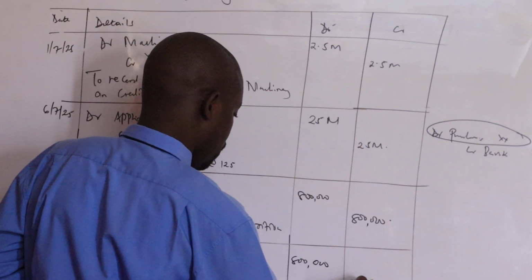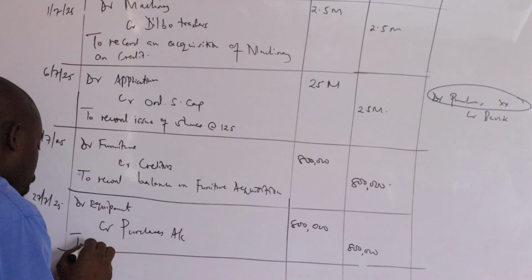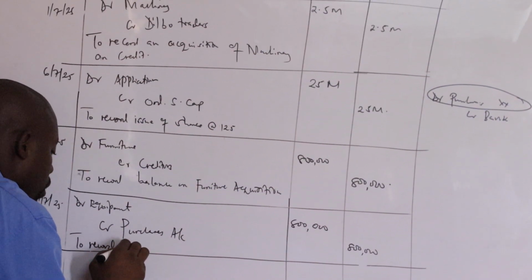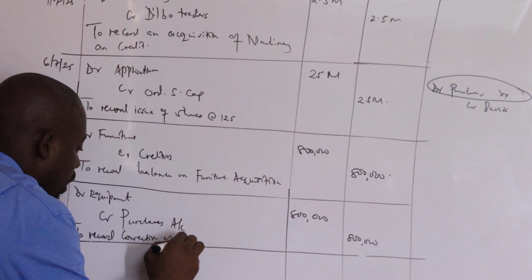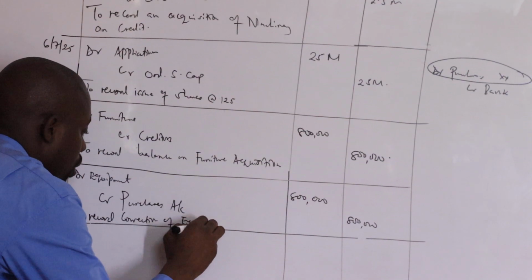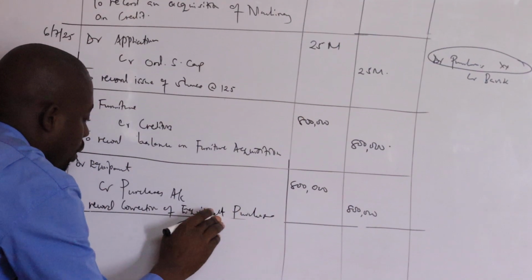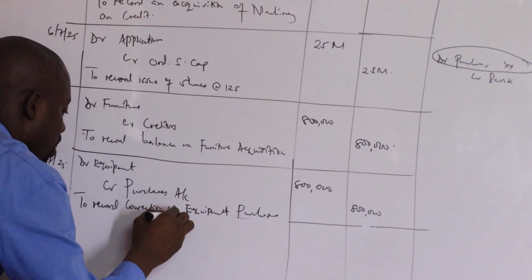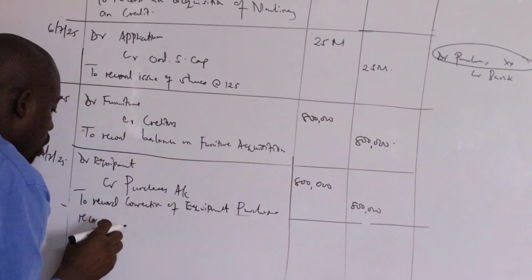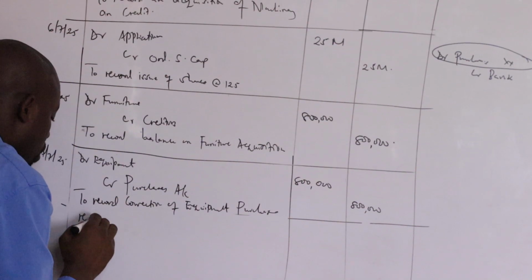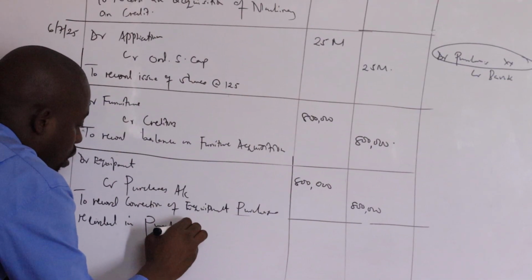We debit, we credit. So you can write there, to record correction of equipment purchase, recorded in purchases account.